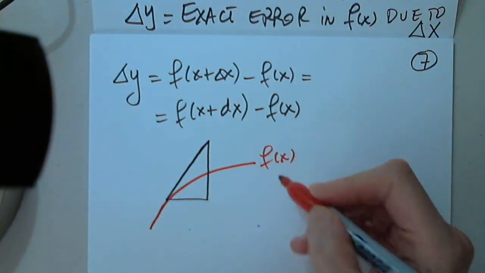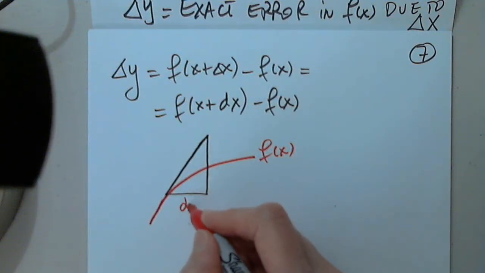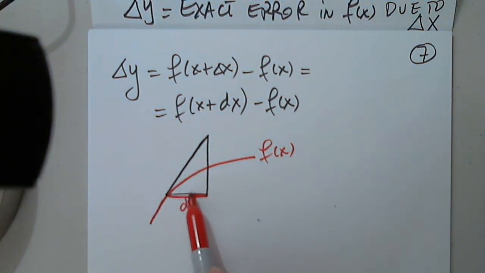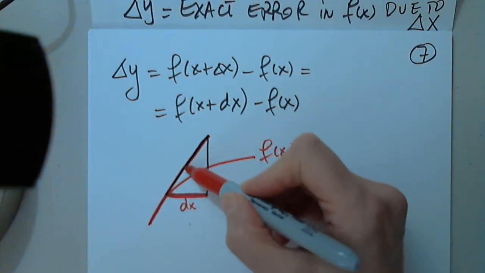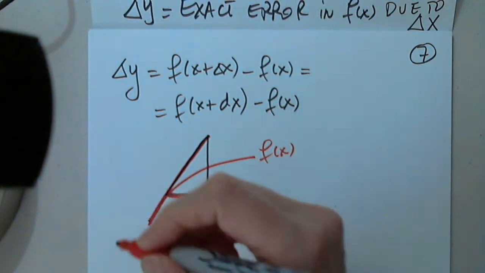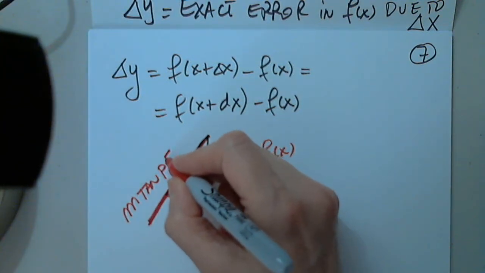Here's the function f of x. This piece is dx. I already know the slope of this line. Can anyone give us the slope of the tangent at P?